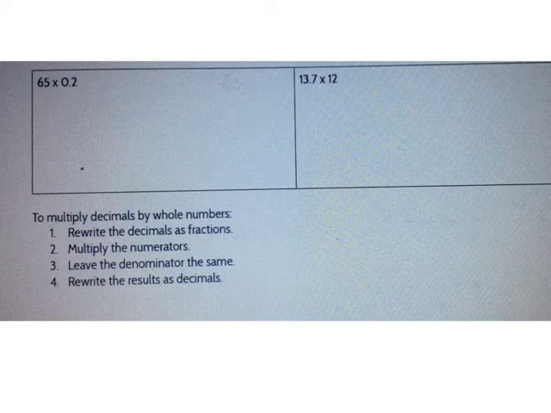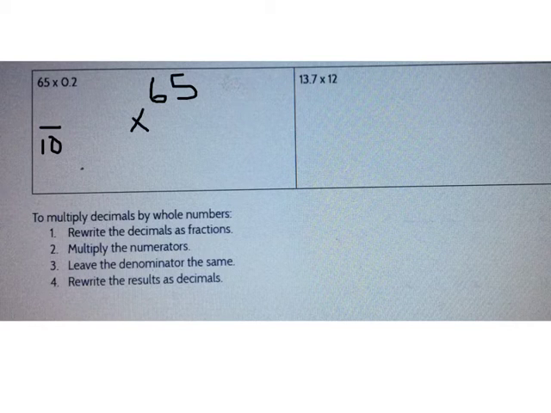Let's try a couple examples. 65 times 2/10. I know here that my denominator is going to be 10, so I'm going to need 1 digit behind the decimal. Now I can just multiply like normal. What's 65 times 2?